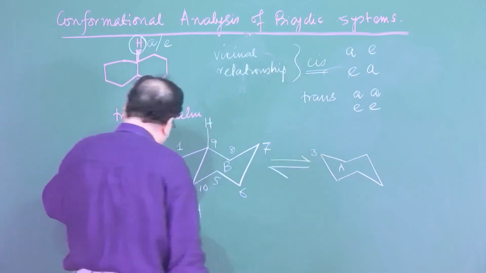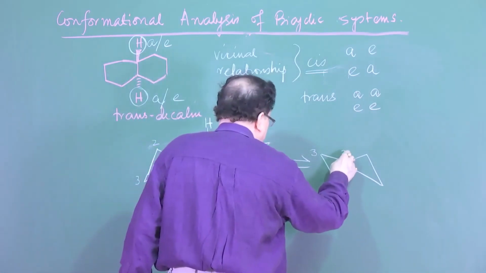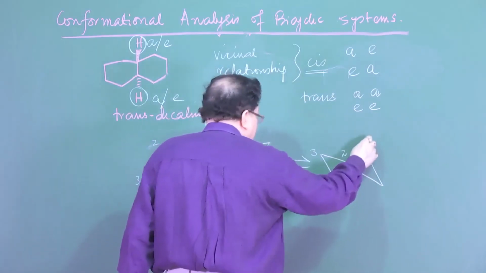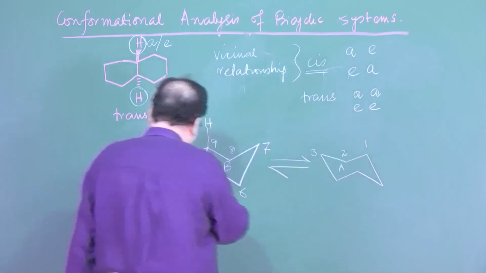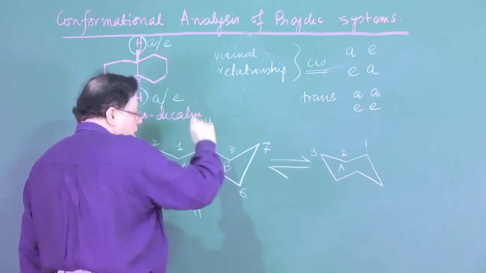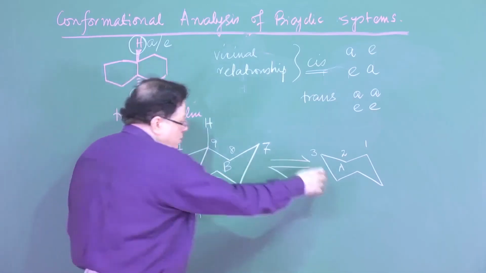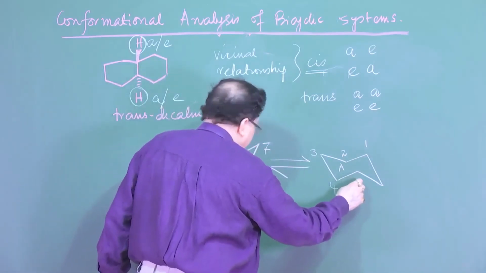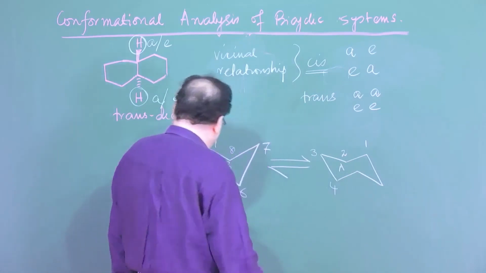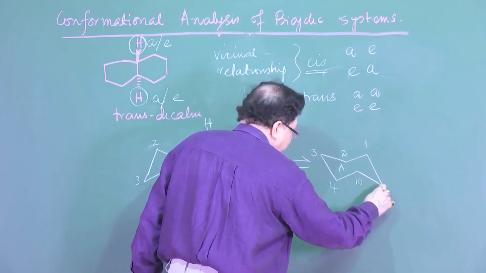So, this is the 3 carbon, and if you can find out 3 carbon, then all other carbons can be quite easily marked, because the directionality will remain the same, like 1, 2, 3, 4 is going in an anti-clockwise fashion, and that you have to do. So, 1, 2, 3, 4, and then you have 10 and 9. So, this is 10 and this is 9.